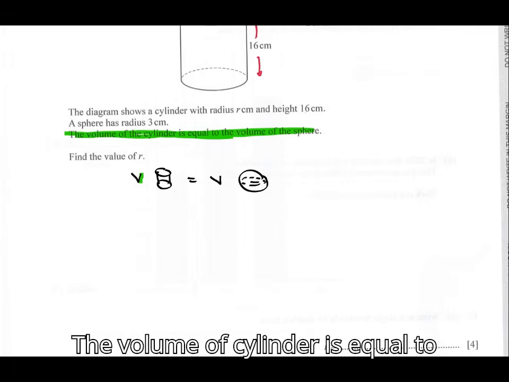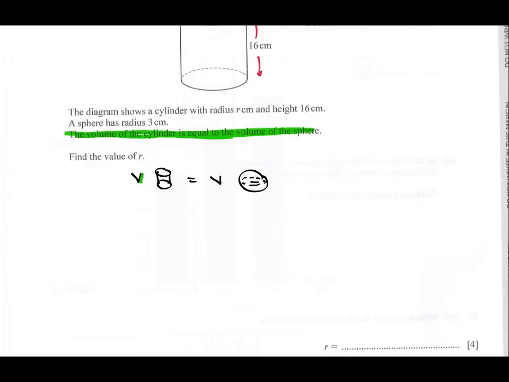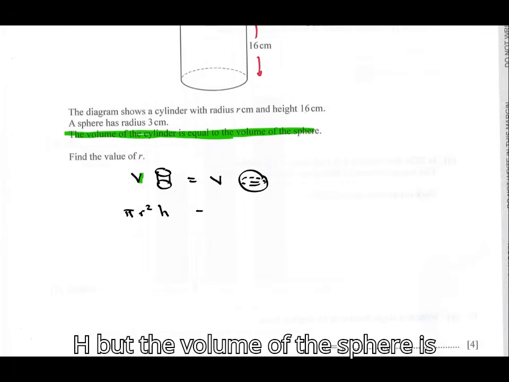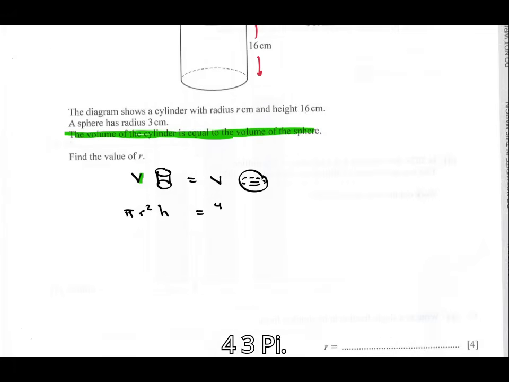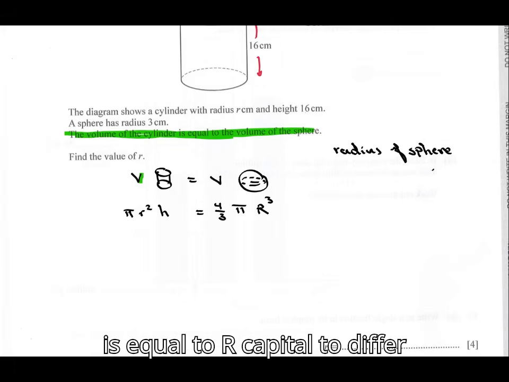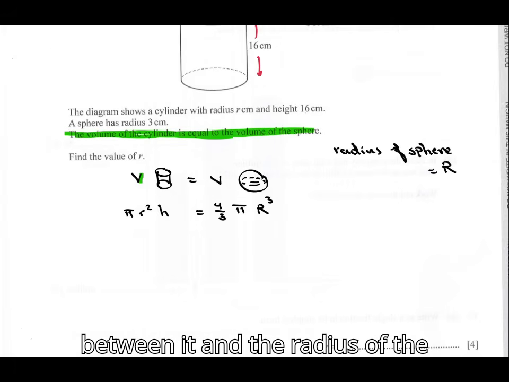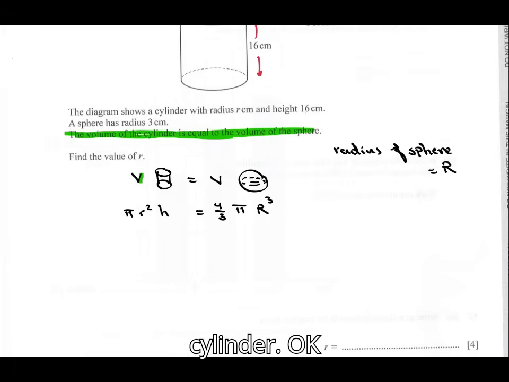The volume of cylinder is equal to pi r square h, but the volume of the sphere is 4 over 3 pi r power 3. Let the radius of the sphere be r capital to differ between it and the radius of the cylinder. Okay?